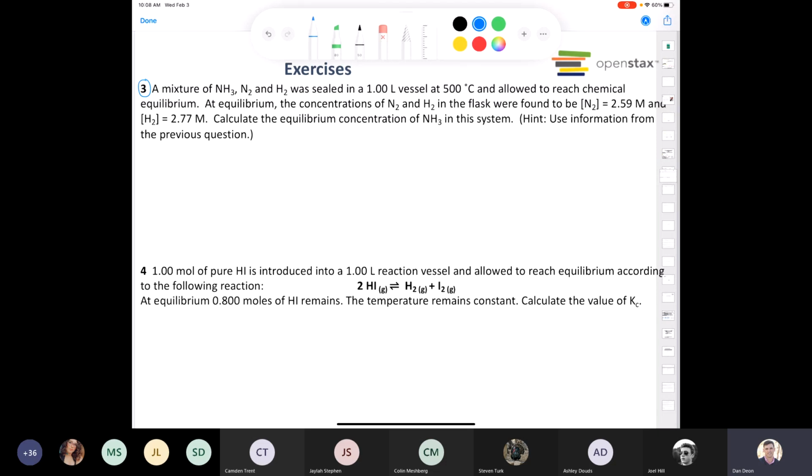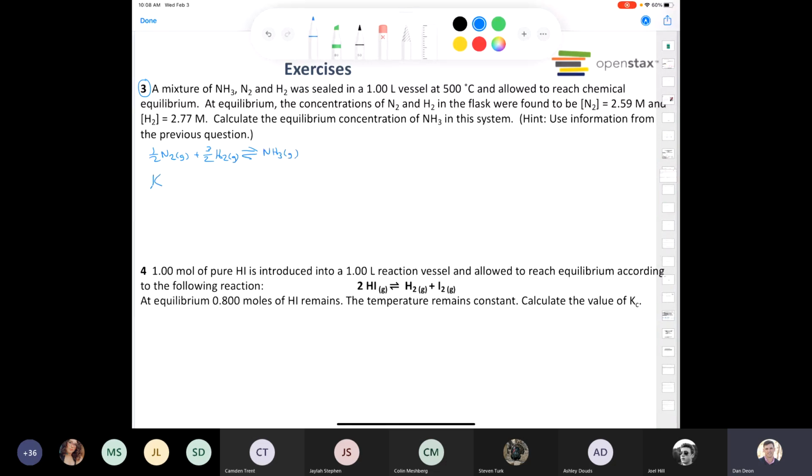I'm going to use the same expression for the equilibrium constant from the previous question. 1/2 N2 plus 3/2 H2 is in equilibrium with NH3.